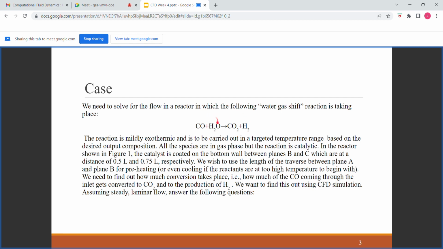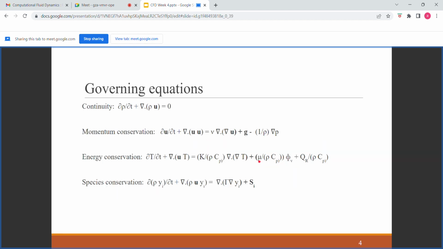If this flow is steady and laminar, the following questions need to be answered. This problem basically involves the continuity equation, momentum conservation equation, energy conservation equation, and species conservation equation. When we are doing anything with chemical reaction in CFD, normally we use the continuity and momentum conservation equations in general.